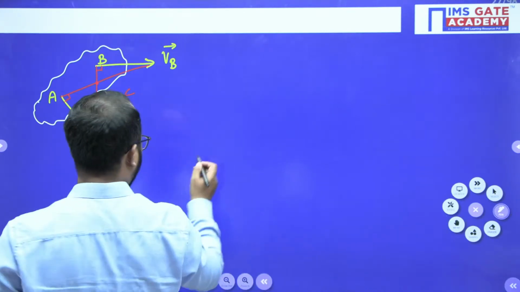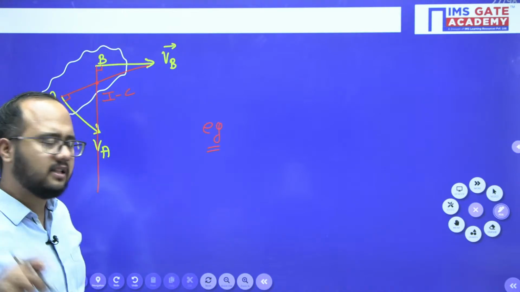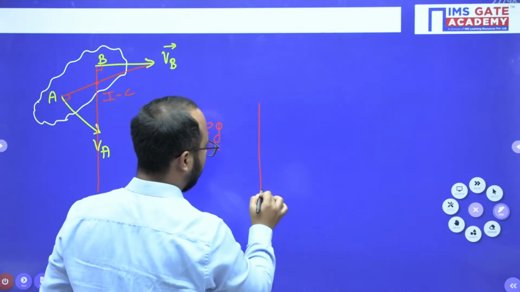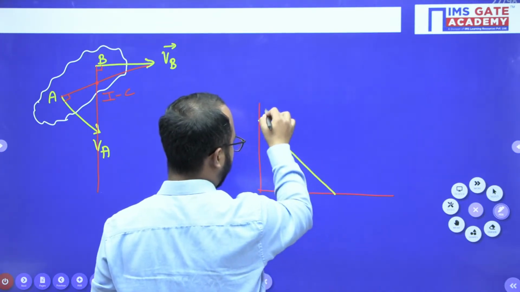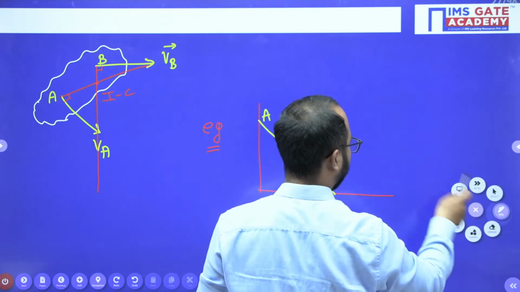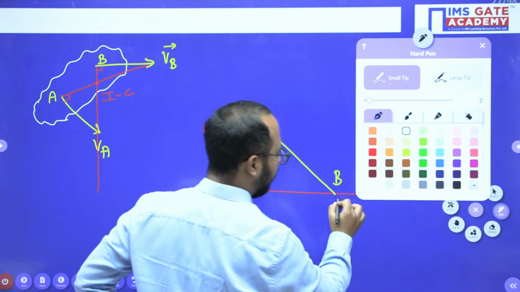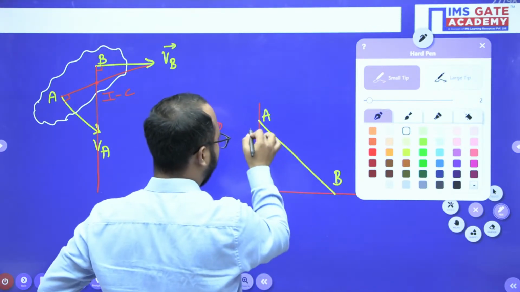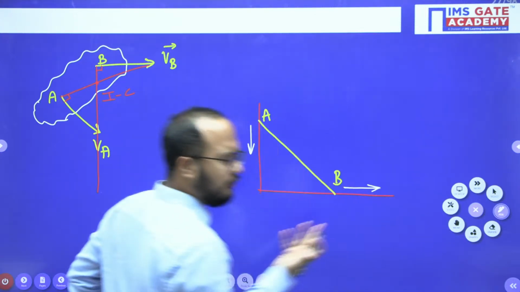One more example, from which obviously in the GATE examination they have asked a question. I will take that example only. Let's suppose this is a sliding ladder AB. If it is sliding, the velocity of A will be like this and the velocity of B will be like this. Pretty much obvious.